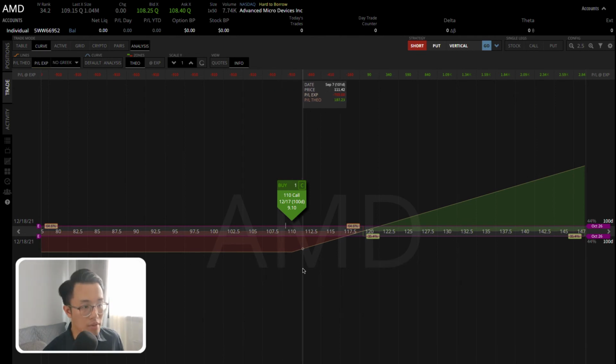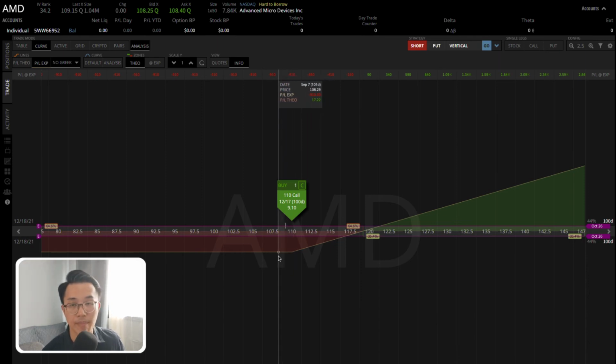The horizontal axis is the share price of AMD, and the vertical axis is the profit or loss from this trade. If the share price of AMD falls or even remains the same, my option will be losing money, and this is because I have to pay a premium for this particular trade.